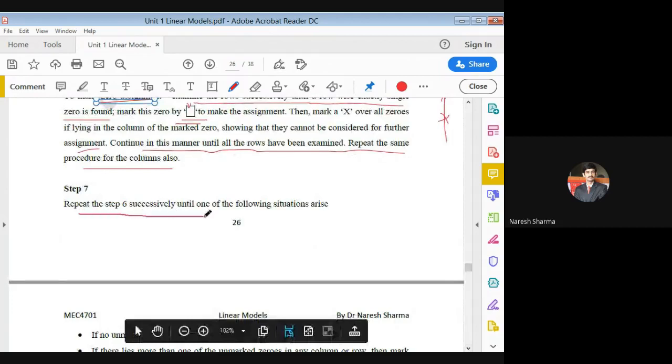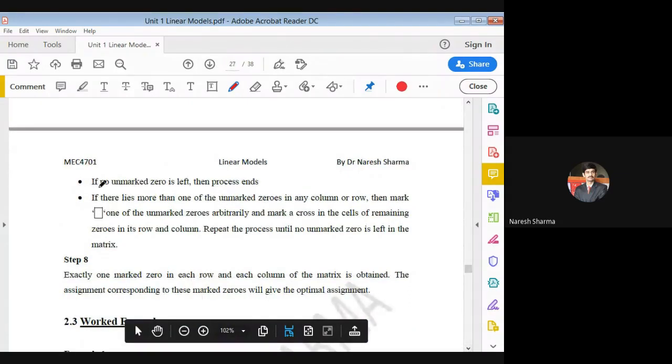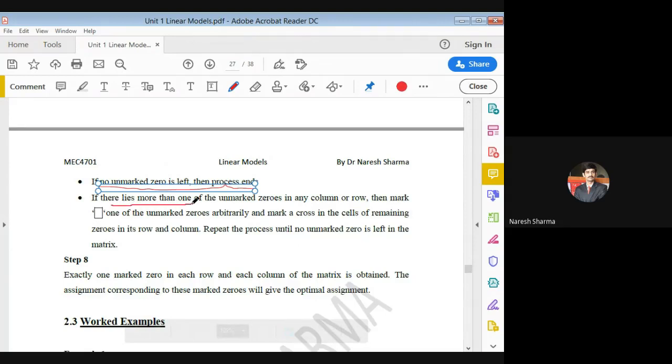So repeat step 6 successively until one of the following situations arises. What are these situations? First, if no unmarked zero is left. If there lie more than one unmarked zero in any column or row which cannot be resolved from the above step, then we can mark that zero arbitrarily and mark a cross in the corresponding row or column.